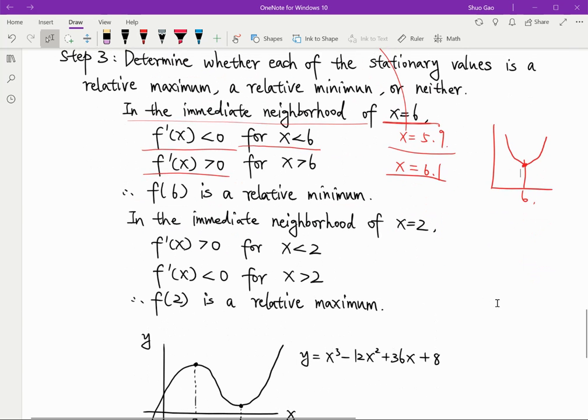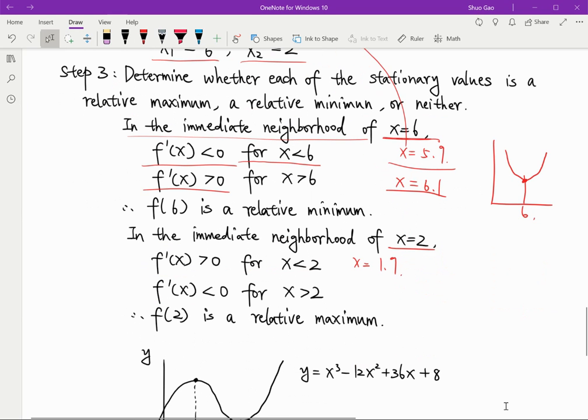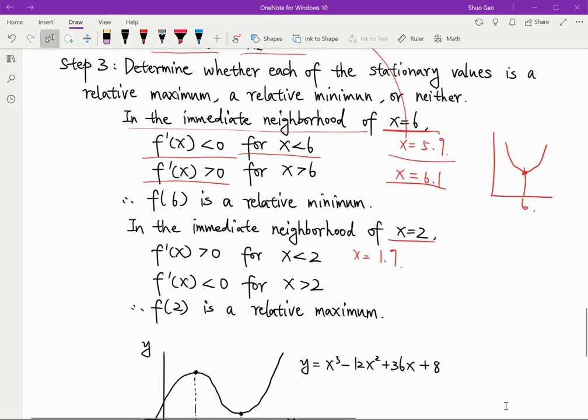And for the immediate neighborhood of x equals 2, for x smaller than 2, you can plug in, for example, 1.9 to the first derivative here, and you'll find that f prime x is a positive number. And for the immediate right of x equals 2, for example x equals 2.1, you plug into the first derivative function and find that it's negative.